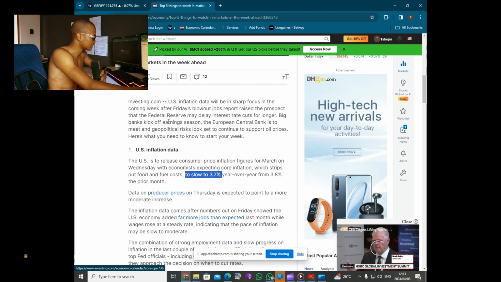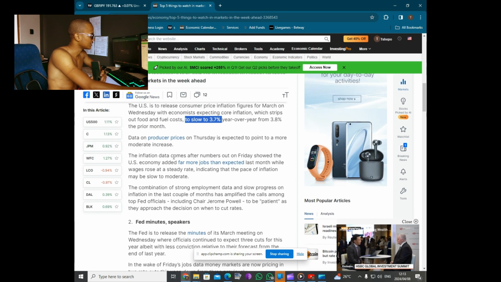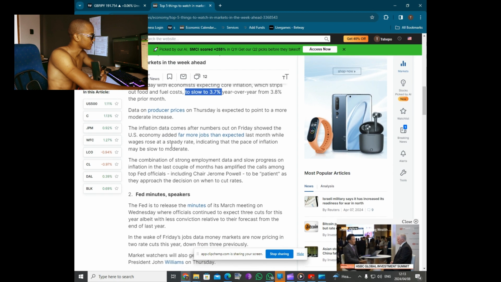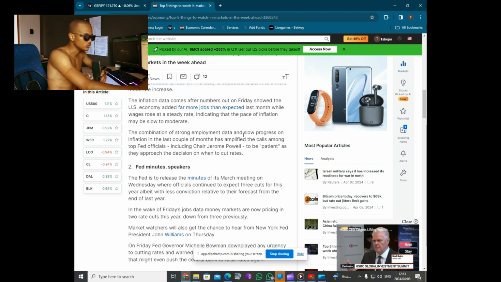So now they are expecting a more moderate increase. The inflation data comes out after the numbers on Friday showed the US added far more jobs than expected last month, and wages rose at steady rates, indicating that the cost of living may moderate slowly. Okay, it won't go down too much.